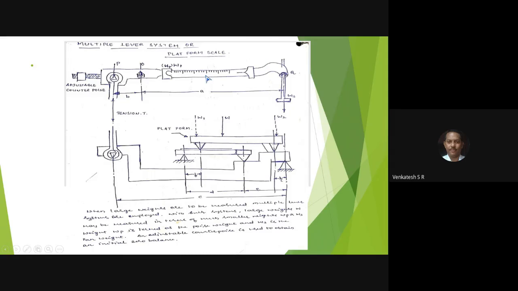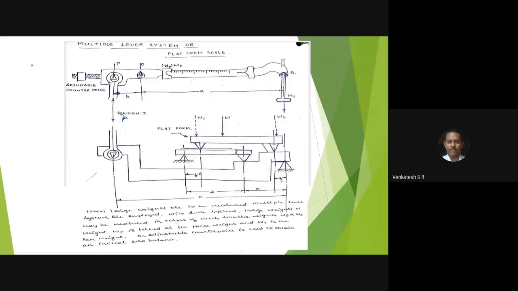When it comes to the standstill condition, the beam is in exactly horizontal position. That indicates the weight of the unknown material on the platform. For that reason, for this beam balance, adjust the nut provided in the counterpoise to read zero without keeping anything on the platform. And one end of the beam is connected to a tension rod.